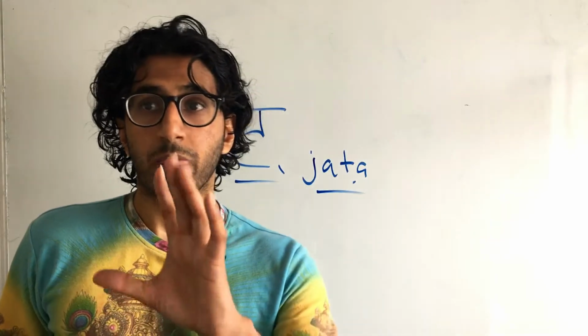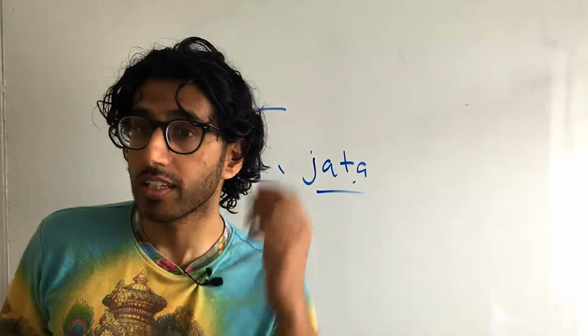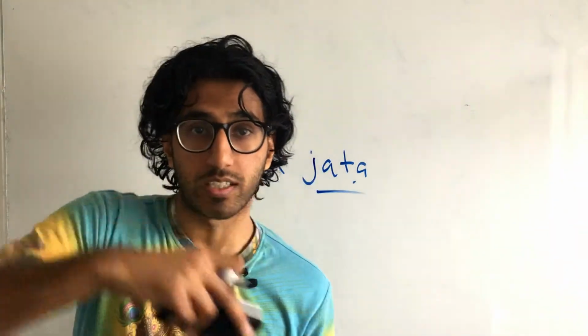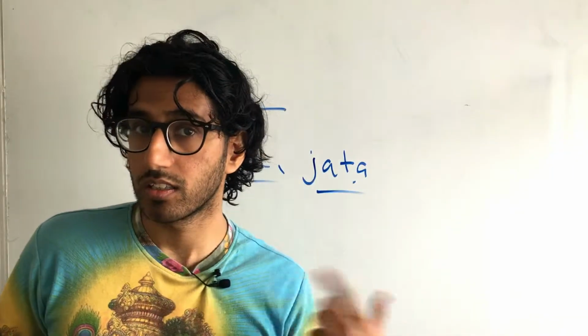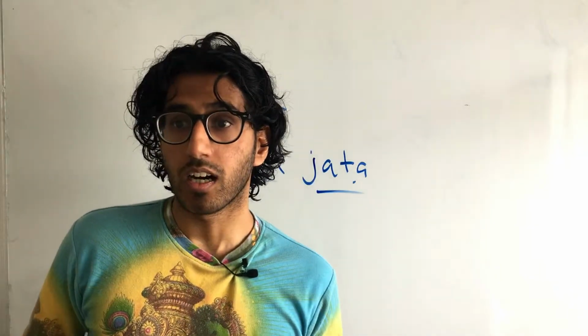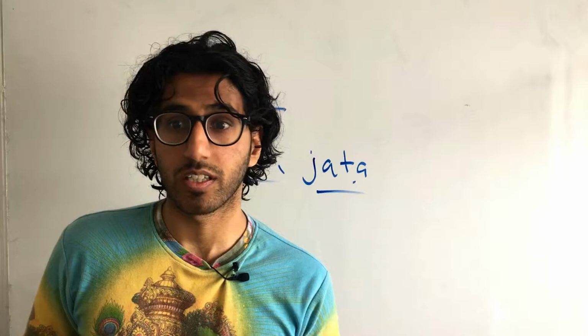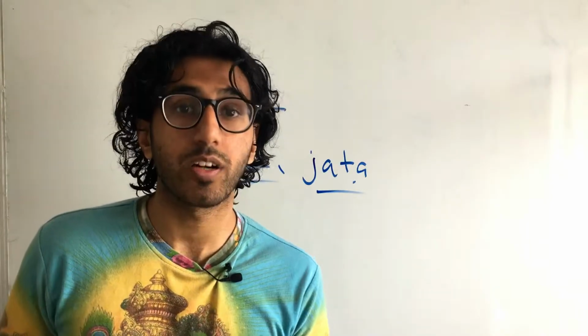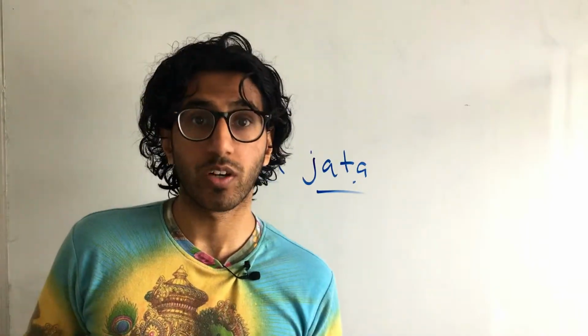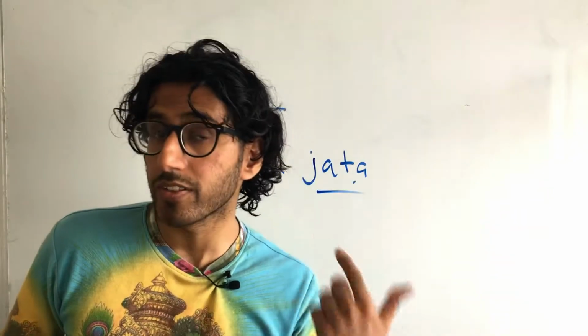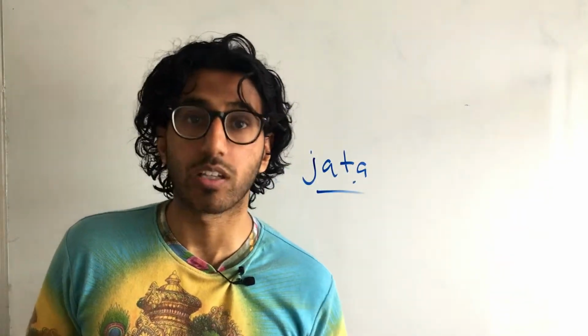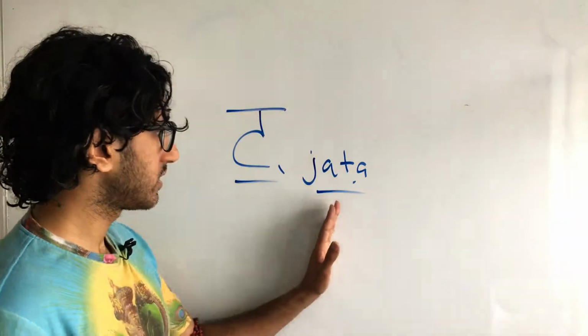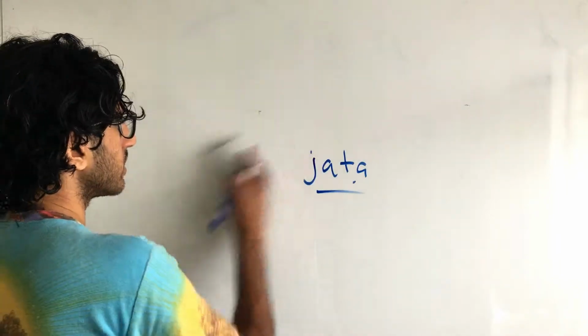Jata is like an ascetic who has hair that's twisted like dreadlocks. You can see the Shaiva, the ascetics who follow Shiva, a lot of them have their hair in dreadlocks. So jata, this is the ta sound.